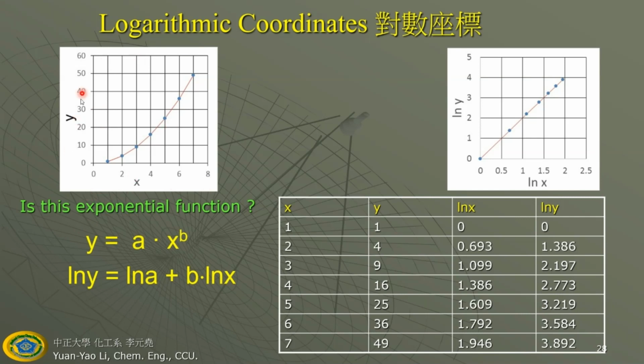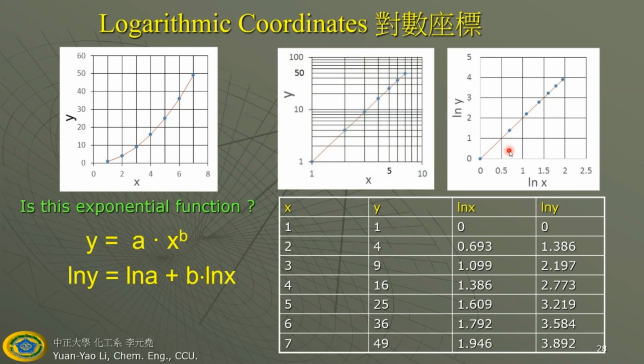The important thing is when you sense this, is this an exponential function or not? If yes, of course you do the calculation and start to find A and B. Is there any quicker way to find this? Yes, there is. If you have log paper, you don't need to worry about natural log x or natural log y. You just put x and y in this place, and you can get a straight line.